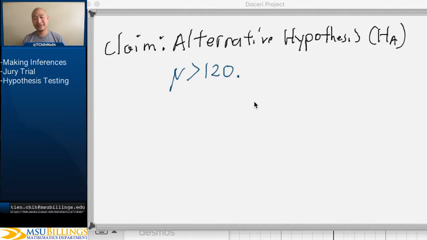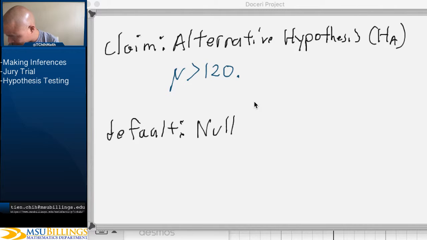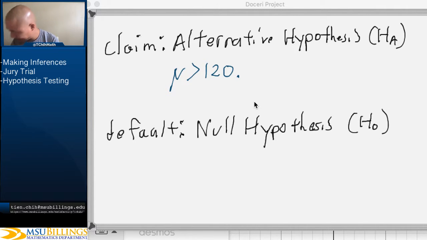And what we have then is a sort of default. What if we can't show this claim? What if we don't have enough information to show it, or if the data suggests otherwise? Then we have something called the null hypothesis. And that's denoted H naught.